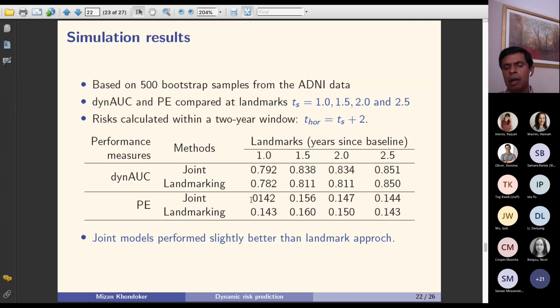The prediction error for the joint model is slightly higher than the landmarking. No, I think prediction error is lower for the joint model than the landmarking approach. So to summarize, the joint model performs slightly better than the landmark approach, but the magnitude of the gain is very small.